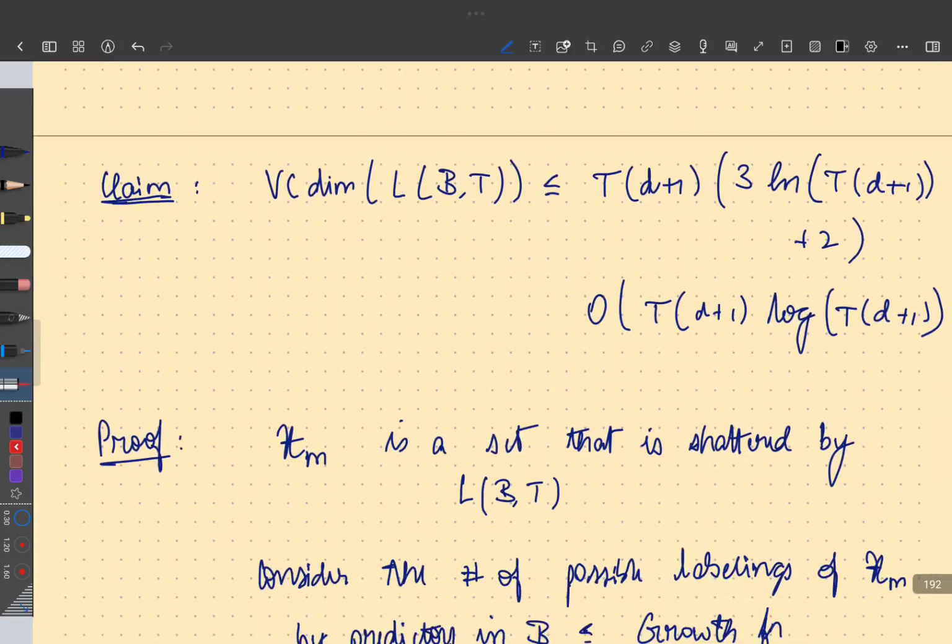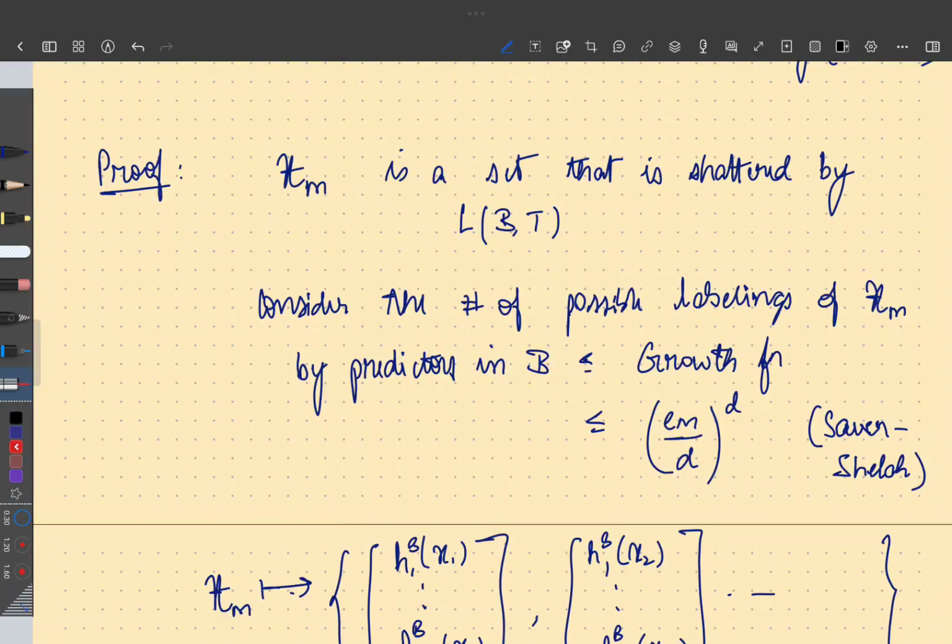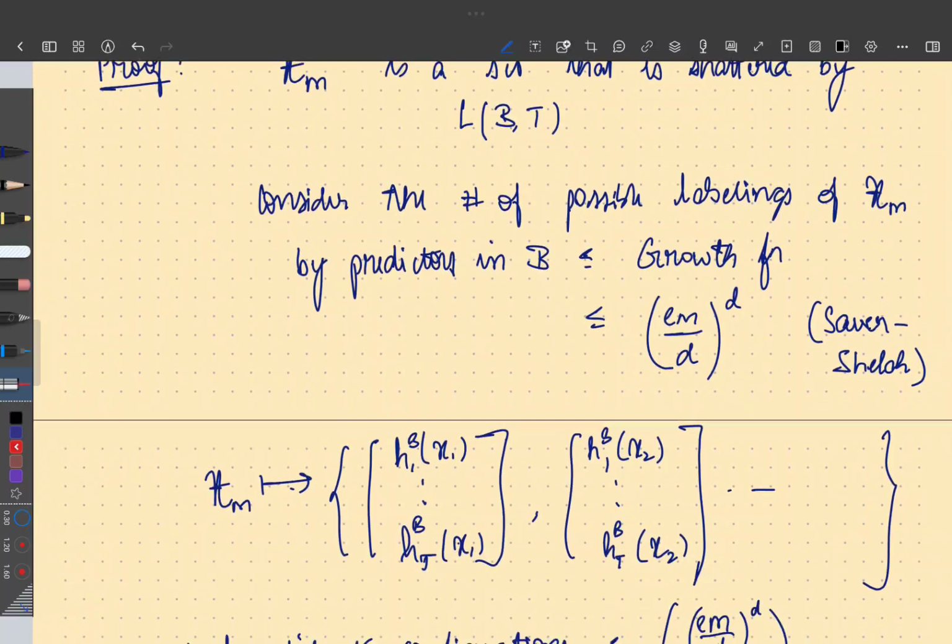Now I fix these m points. For now, let's not worry about what these m points are. If I want to get a bound on the VC dimension, I need to know how many possible distinct labelings I can generate by varying h1 through ht and alpha 1 through alpha t.